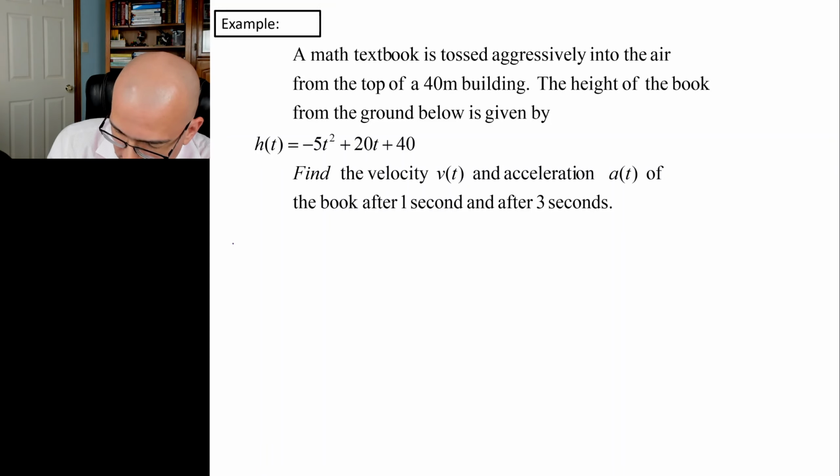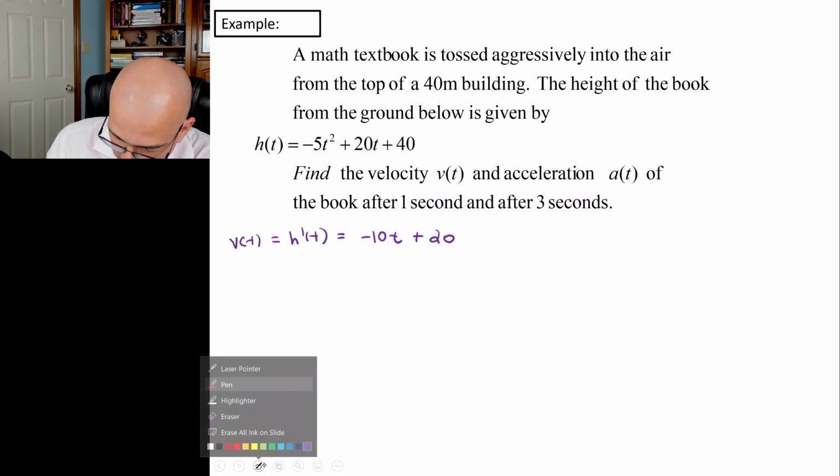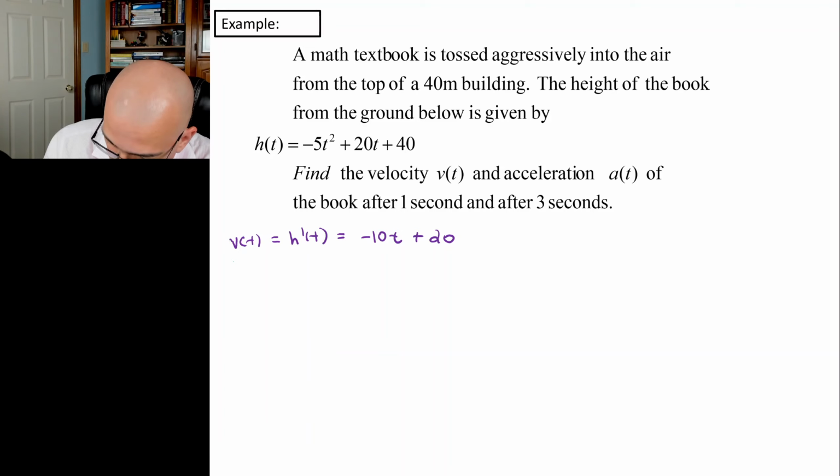So v of t is equal to h prime of t, which is negative 10t plus 20. Now we want to evaluate this at 1 second, so v of 1 is equal to h prime of 1, which is negative 10 times 1 plus 20, which is 10.